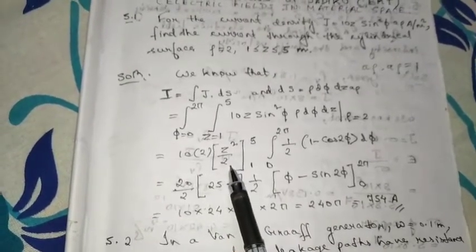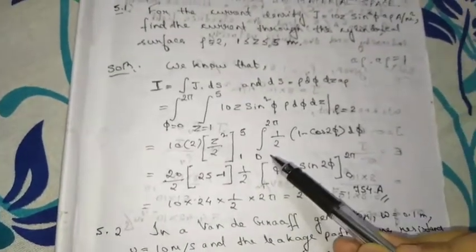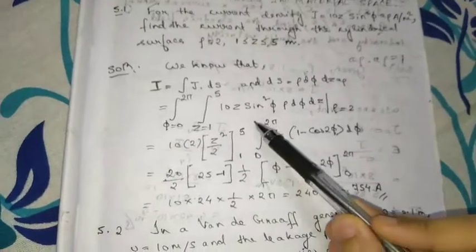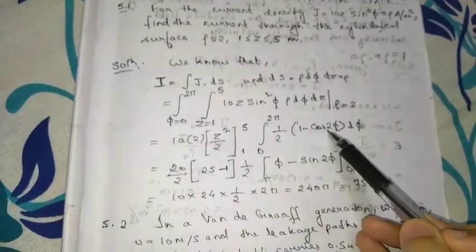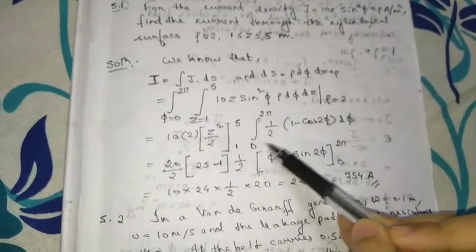So see here, rho is 2, so it will be 10 into 2, then we integrate z, so it will be z square by 2. Everyone knows how to do the integration part. This one will be from 1 to 5, and for phi, sine square phi we break into 1 minus cos 2 phi, with 1 by 2 coming outside, and then we integrate from 0 to 2 pi.